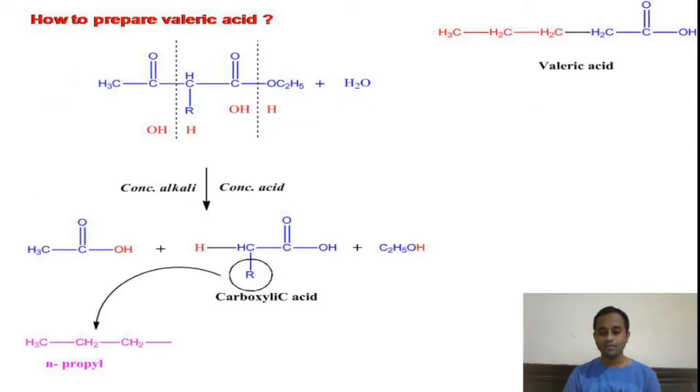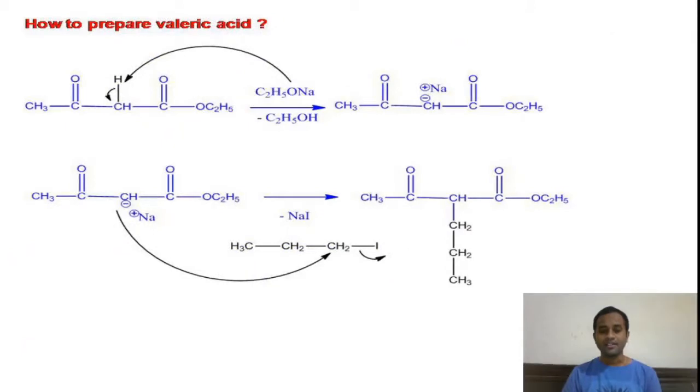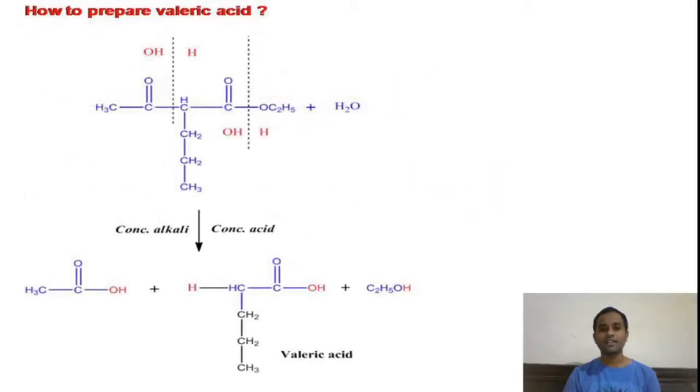That means in this alkylation reaction, we will take propyl iodide, right? This acetoacetic ester, by treating with the base, we will get the anion. That anion upon propylation with the propyl iodide gives the propyl substituted acetoacetic ester, which further undergoes hydrolysis to give valeric acid.